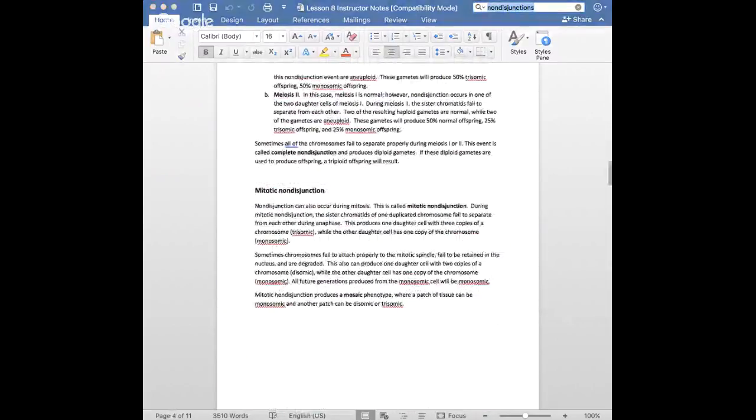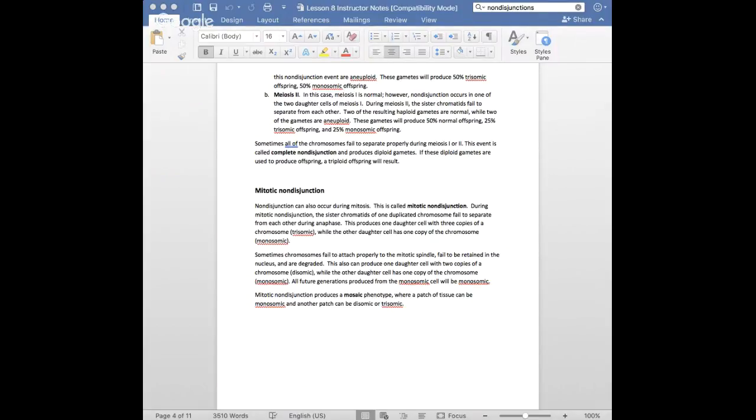Basically it produces 25% monosomy chromosomes and 25% trisomy chromosomes. So it's going to produce 50% aneuploid gametes, whereas in mitosis, that produces a mosaic phenotype.